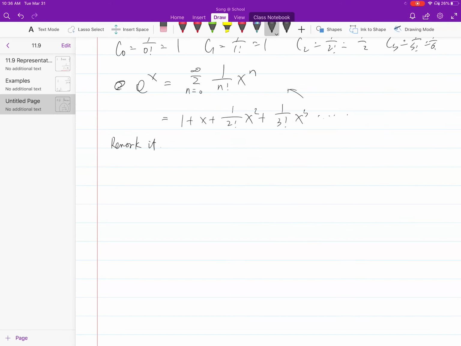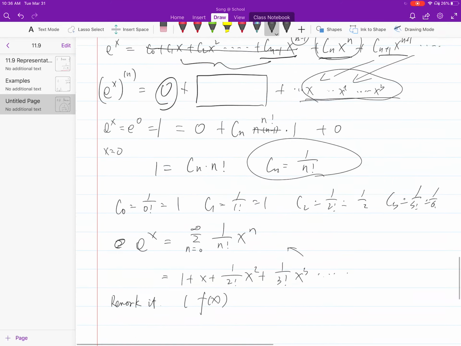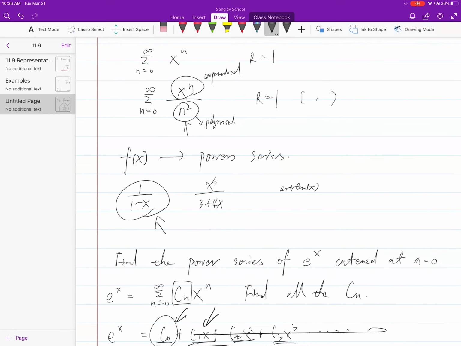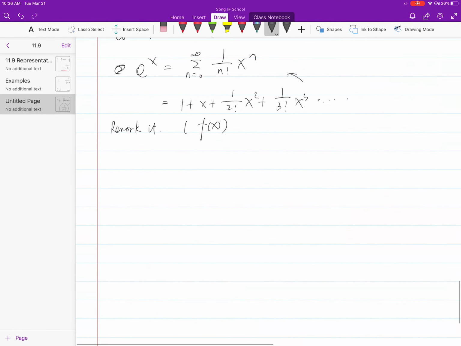Rework it, see the logic. Because later we are going to use the same logic to find it for every f(x), not just for e to the x. Then we can finally get rid of this stupid formula, which is too restrictive. We can do it for every single function, if feasible. Rework it.